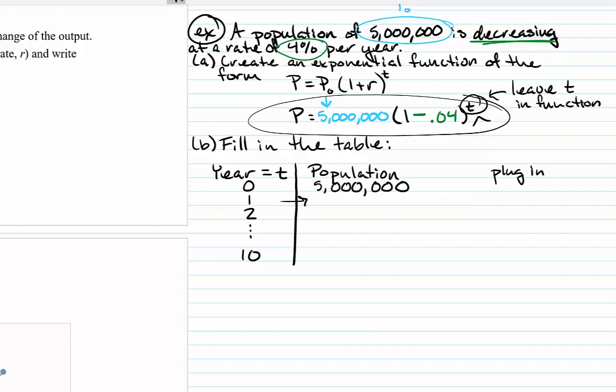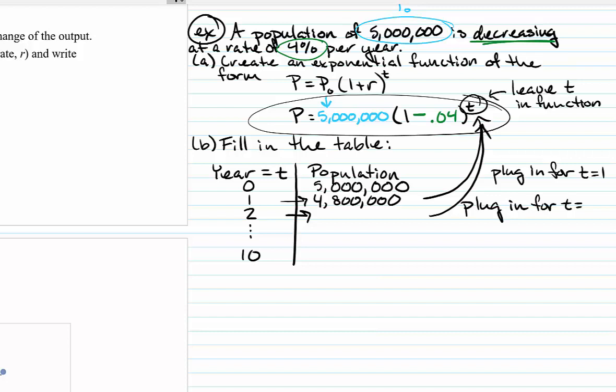So if you plug in 1 to that equation, and you can use a calculator for this, you should get 4,800,000. Here we're going to plug in 2 for T. If we do that, and again, you get to use a calculator, you should get 4,608,000.